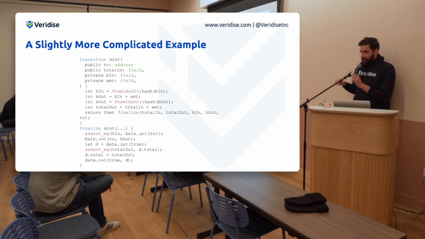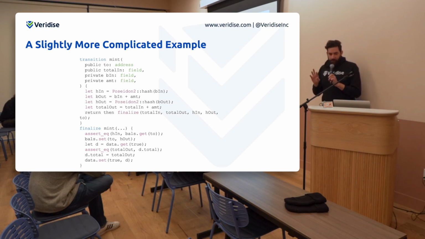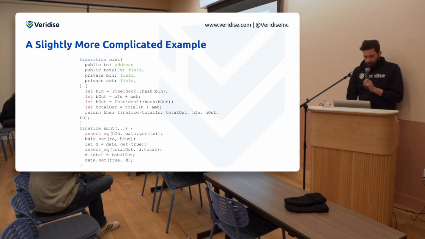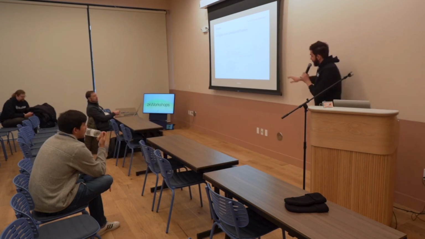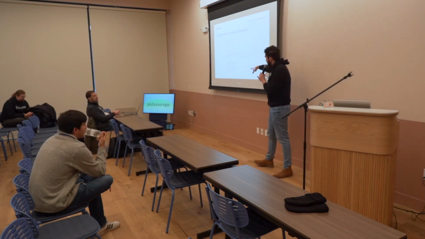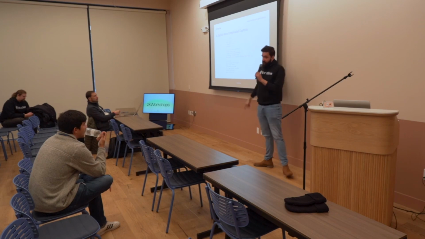However, this contract, instead of only tracking the balances of a specific user, also tracks the overall balance that has been minted already. So we have a total that is being updated by the amount we just minted.